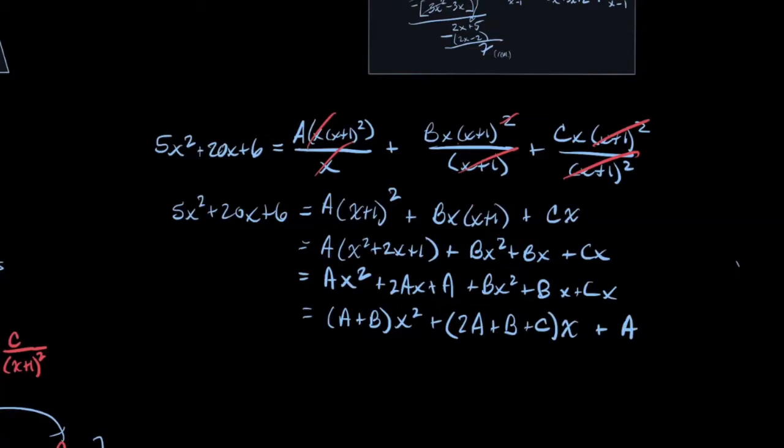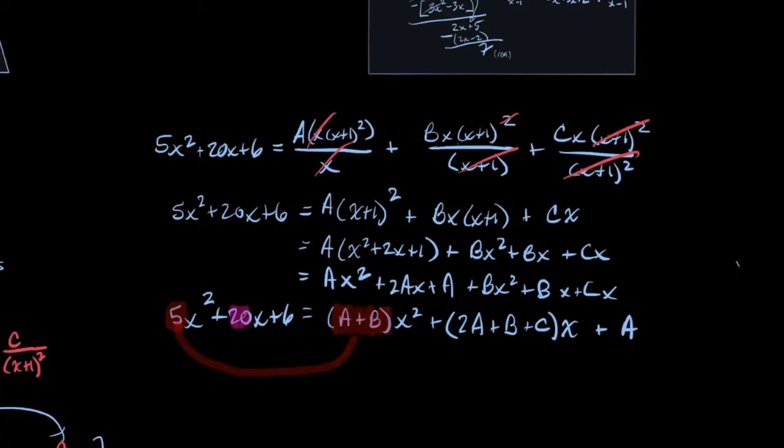So now what we're going to do is rewrite the left-hand side, 5x squared plus 20x plus 6. And if we look at this, we can actually compare what's attached to the x squared. Well, it's got to be 5, which for us is just a plus b.